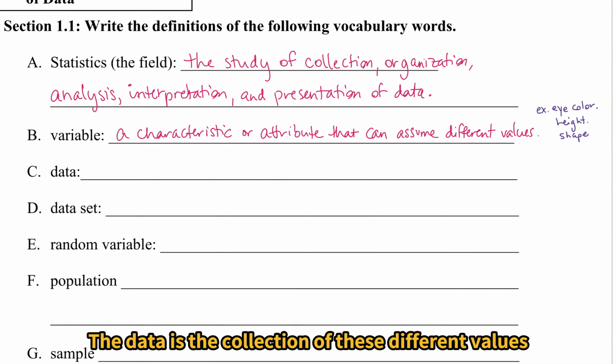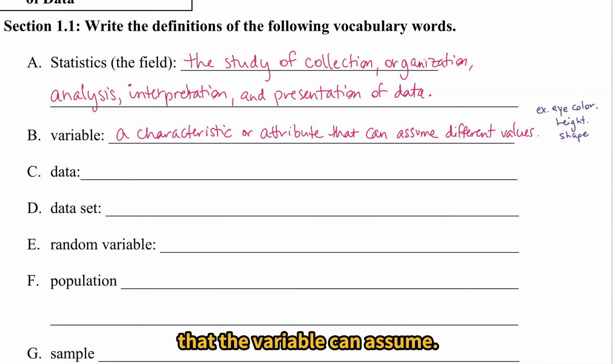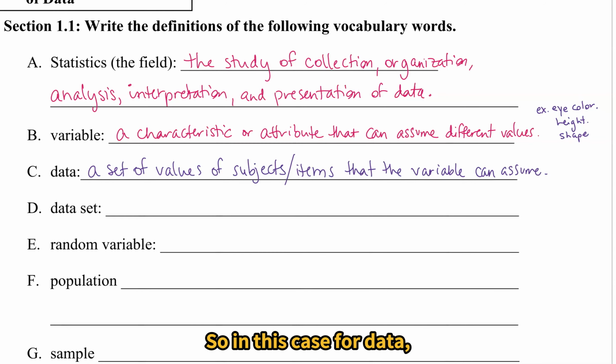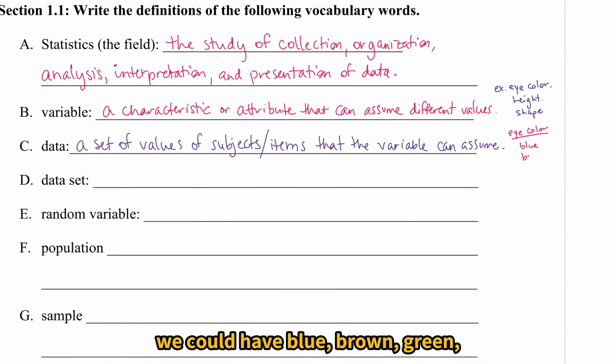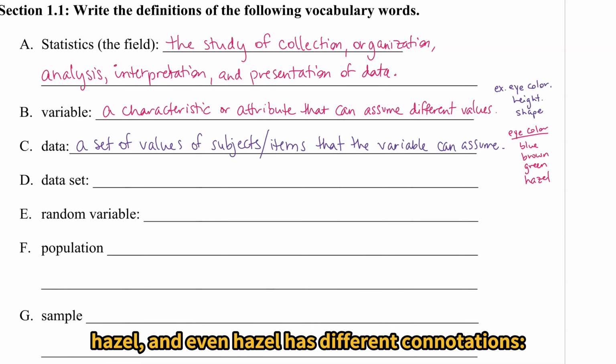The data is the collection of these different values that the variable can assume. So in this case, for data, if we're talking about eye color, we could have blue, brown, green, hazel. Even hazel has different connotations.